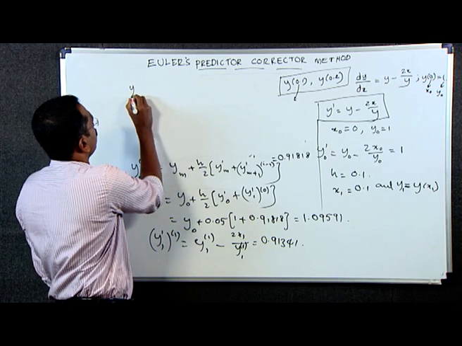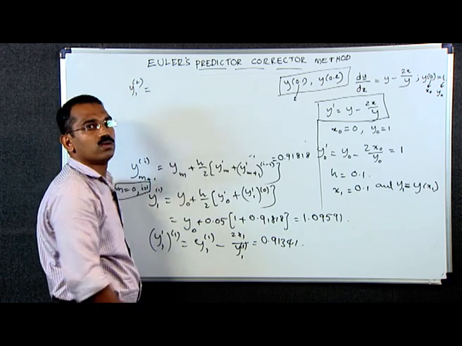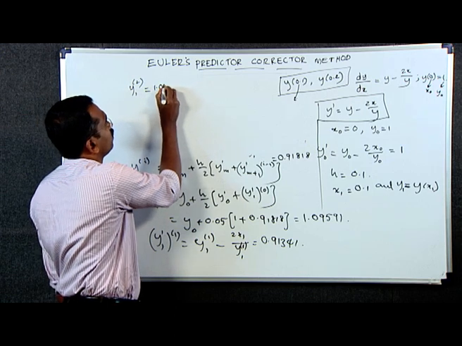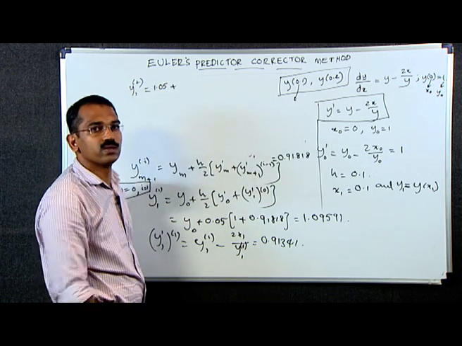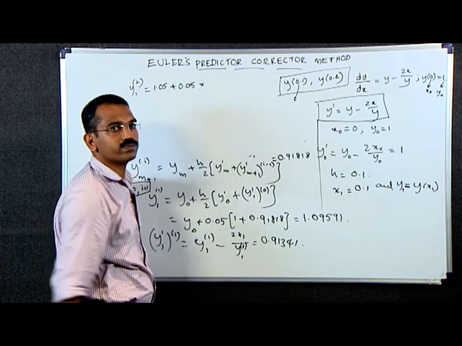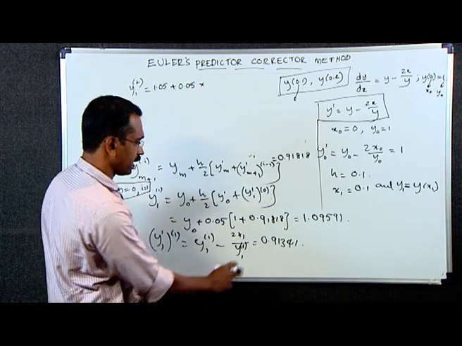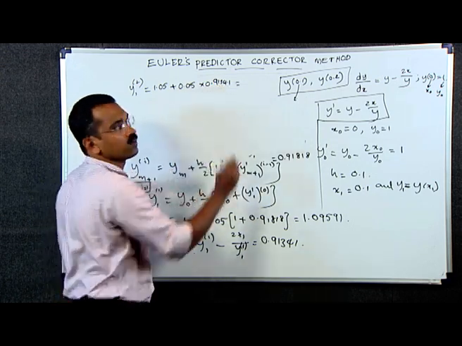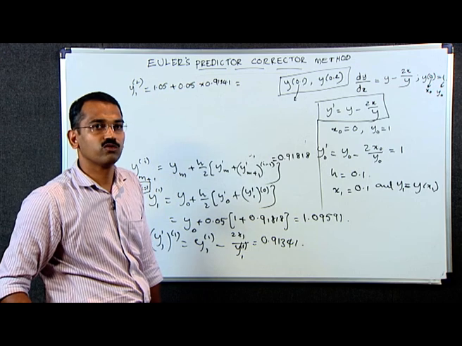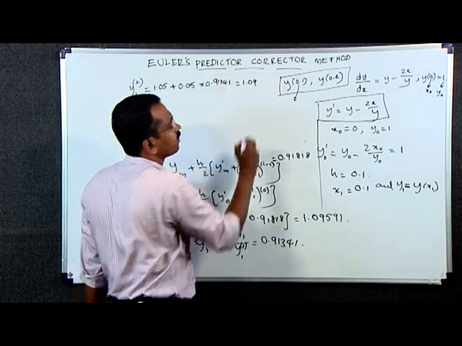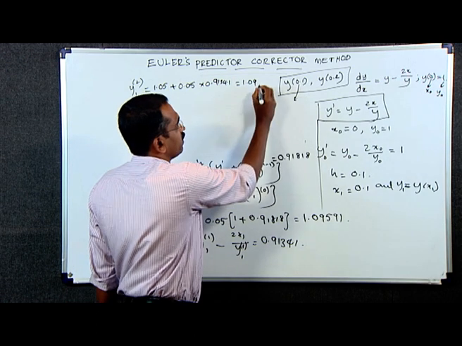y1 2, which is equal to 1.05 plus 0.05 into 0.91341. On simplification, we will get y1 2 as 1.09567.